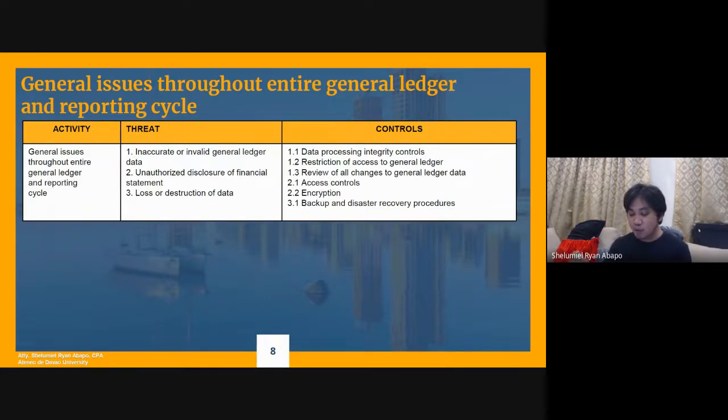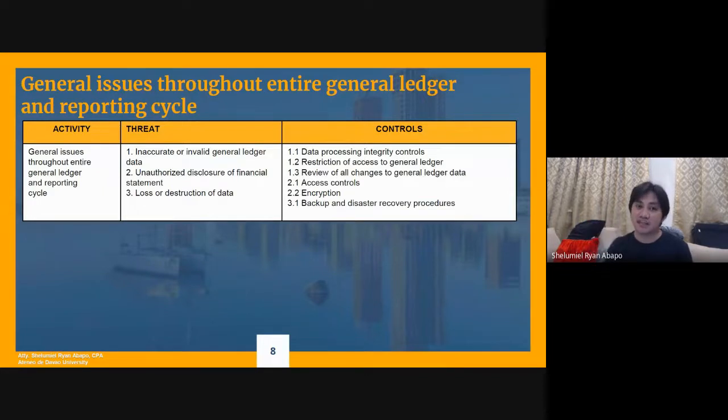For example, most managers should be given read-only access to the general ledger in order for them to get the balances they want to provide in their reports. But this is read-only access. Therefore, they cannot manipulate the information or data because it's read-only.